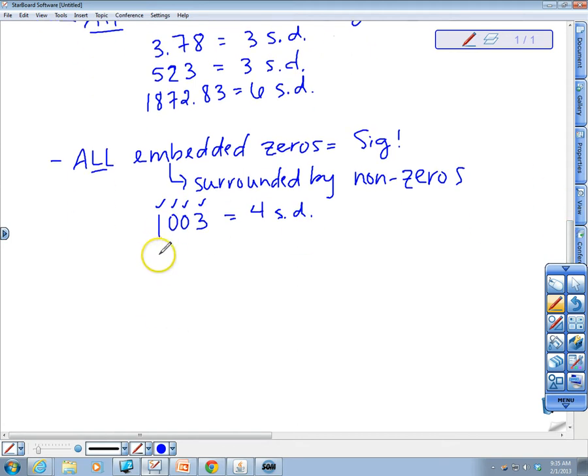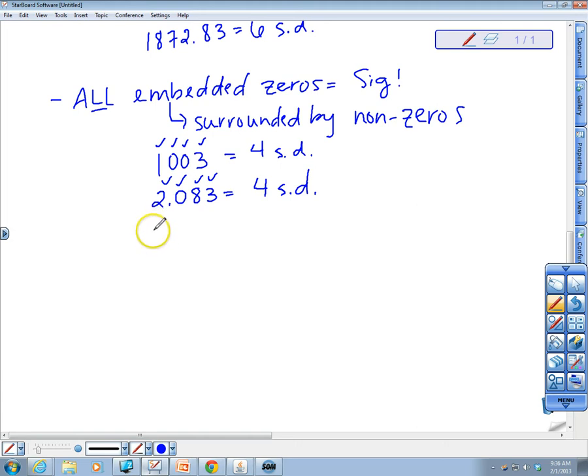The number 2.083. The 2, the 8, and the 3 are non-zeros, so they have to be significant. The 0 is surrounded by others. It's embedded, so it's also significant. So again, I have 4 significant digits.